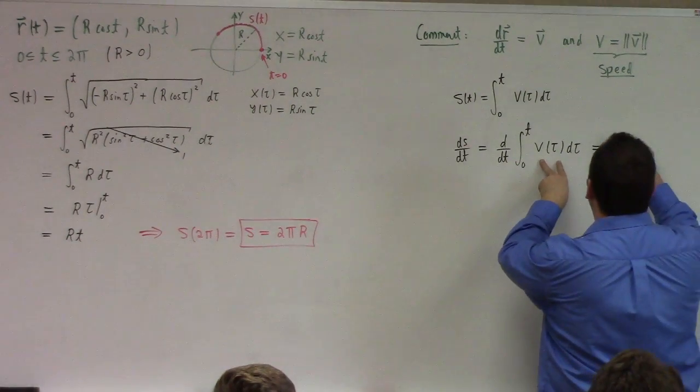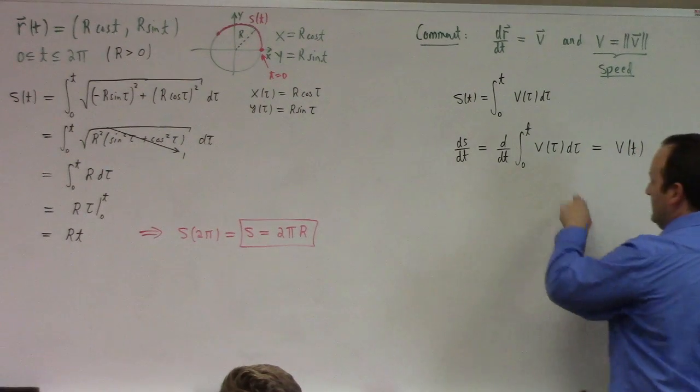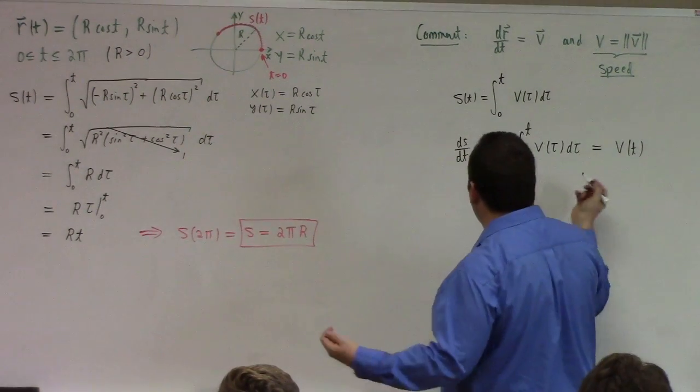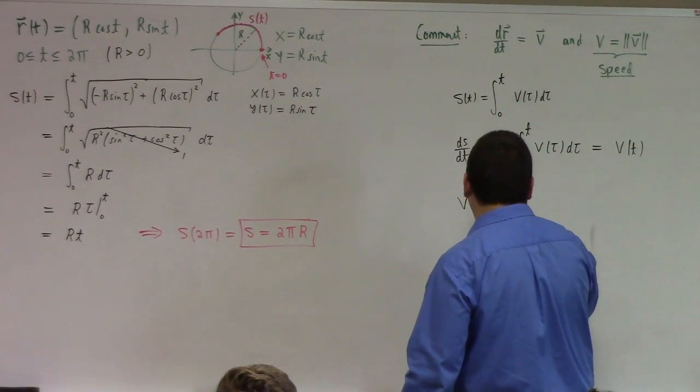Yeah, v of tau, but we plug in tau equals t. So there you go. The speed is the infinitesimal change in the arc length with respect to time. So it makes good sense that if we integrate, once you have this, this is circular, but all things work together for good, I suppose.